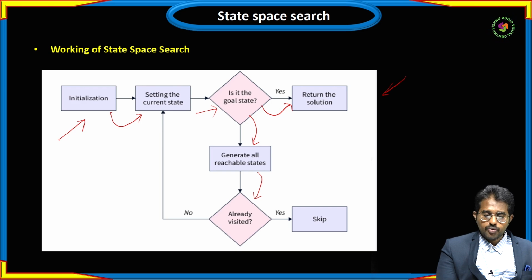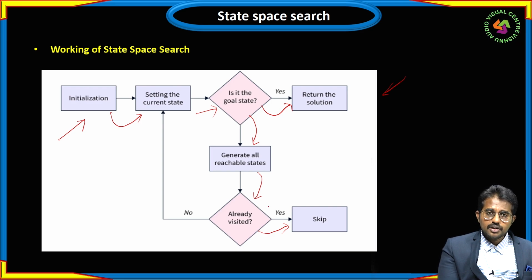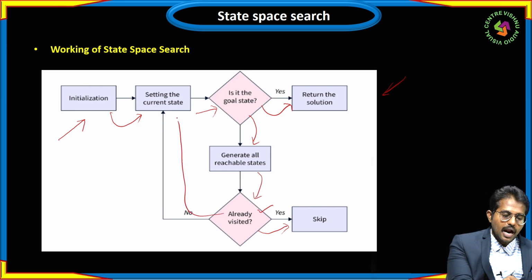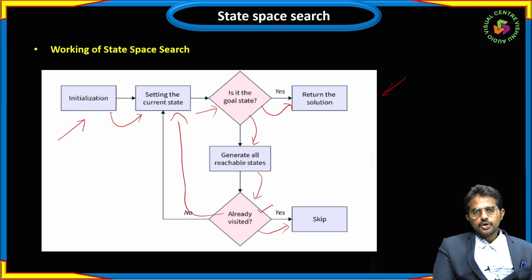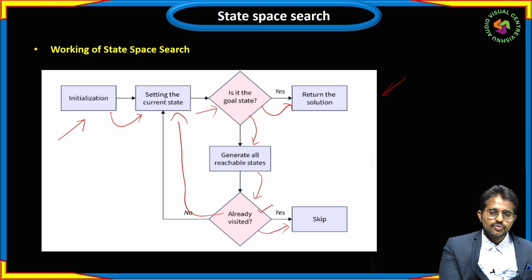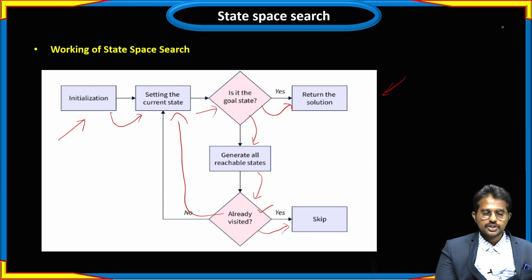If a node is already visited, we skip that state and check the same for all the remaining states. The states which are not visited will be added to the current state queue. This process continues until we find the solution.